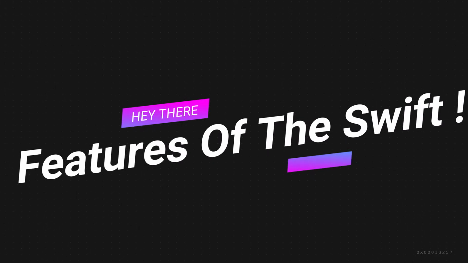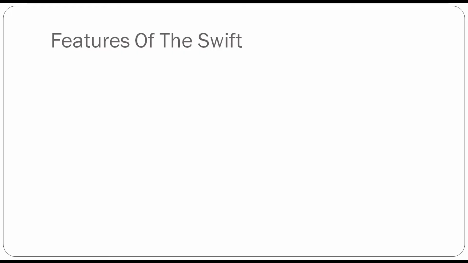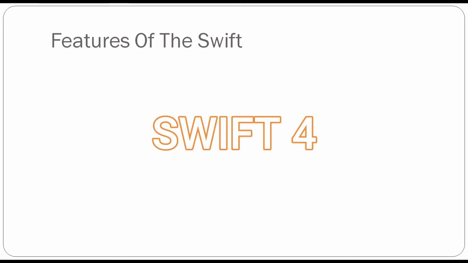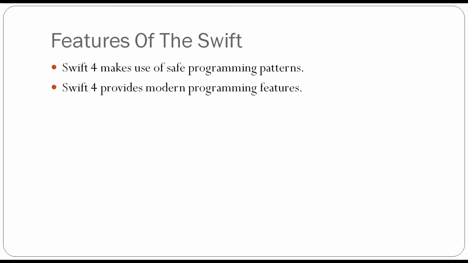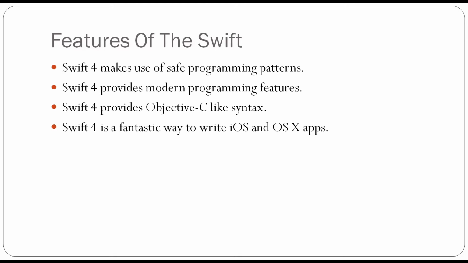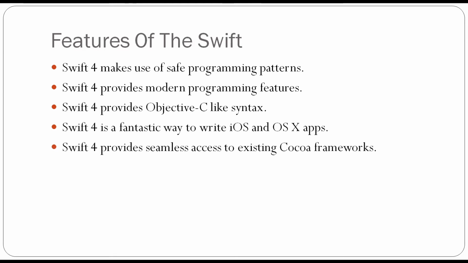Let's understand this. Swift programming language, whose latest version I think is Swift 4, creates very safe programming patterns. It comes with modern programming features. Also it provides Objective-C like syntax, and it is a fantastic way to write iOS related apps, and it provides seamless access to existing Cocoa frameworks.